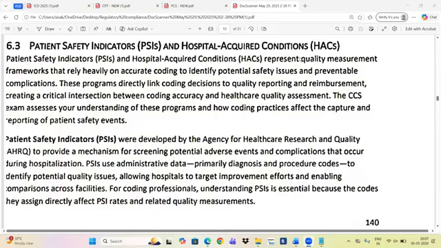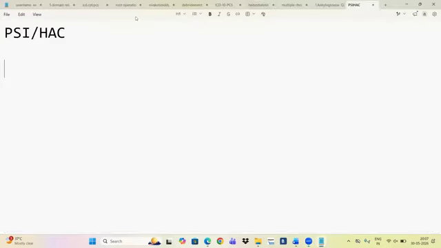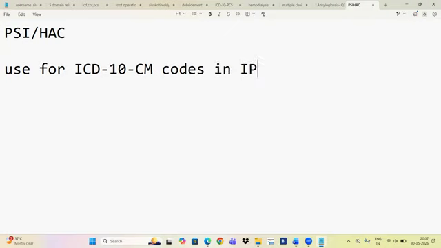We need to use PSI and HAC indicators for the ICD-10 codes in inpatient DRG. Okay. They are used for the ICD-10 codes in inpatient DRG.